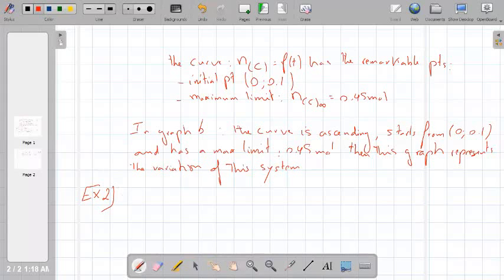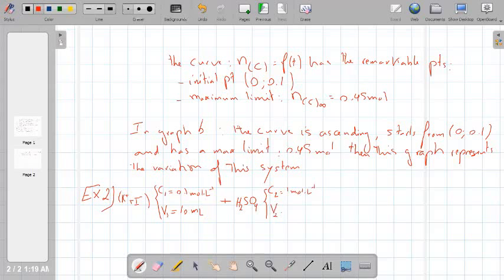So we have K plus I minus solution of C1 equals 0.1 mole per liter and V1 equals 10 milliliters, plus H2SO4 of concentration C2 equals 1 mole per liter and V2 equals 2 milliliters, plus H2O2 of concentration C3 equals 0.5 mole per liter and V3 equals 10 milliliters.